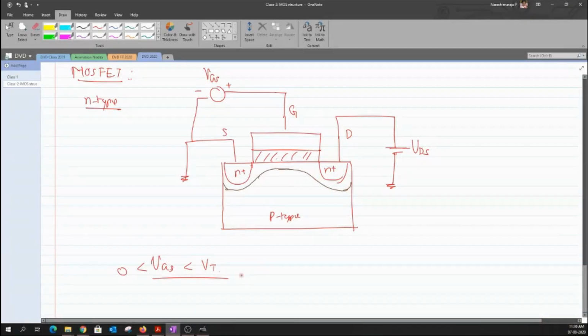Now, whatever the value of VDS that I have right now, will there be any current flow between the source and the drain? When I have this as my condition, you don't have any channel at all. There is no possibility of any charge carrier to move from source to drain. I should probably add that it's a long channel device I'm talking about.